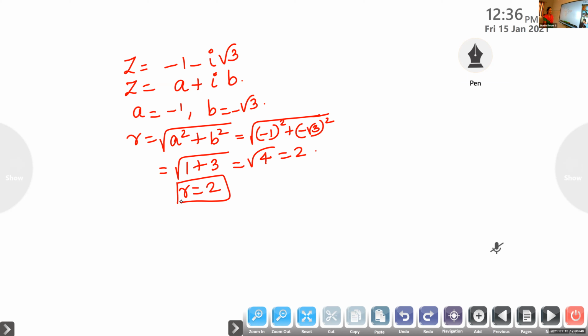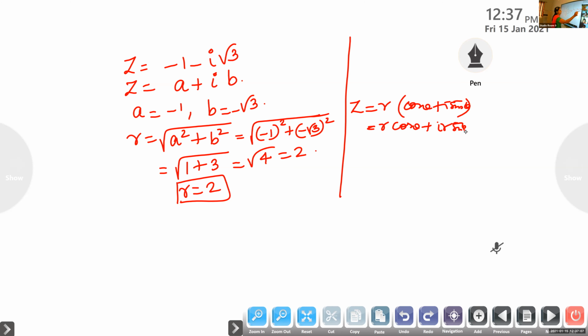Next we want to find theta. Before doing this, what is the polar form we learned? Z is equal to R into cos theta plus I sin theta, isn't it? When you open the bracket, you get R cos theta plus IR sin theta. Compare it with the real part and imaginary part, A plus IB.